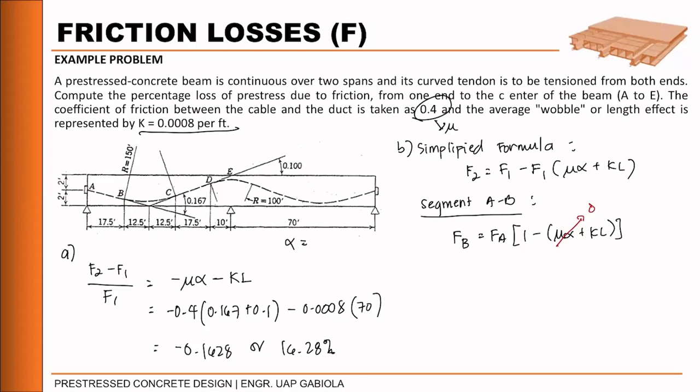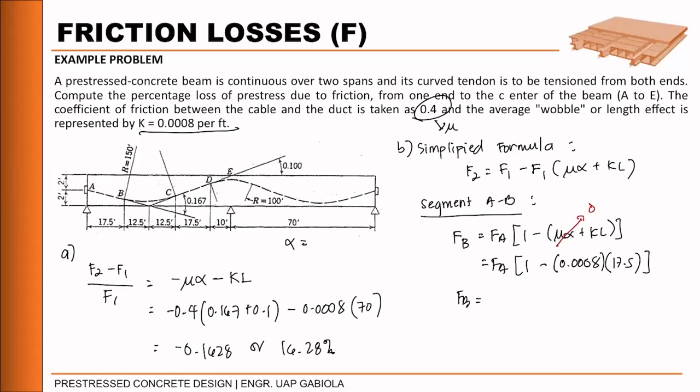Okay? So FA times 1 minus, yung K natin dyan will be 0.0008 times yung length ng segment na yun, which is 17.5. So FB natin will be equal to 1 minus 0.0008 times 17.5.